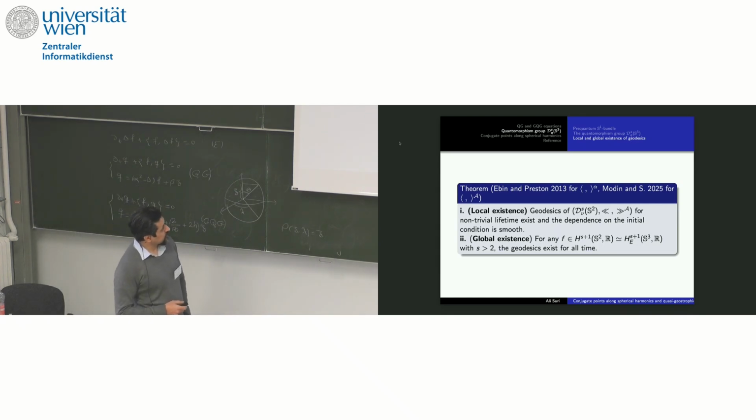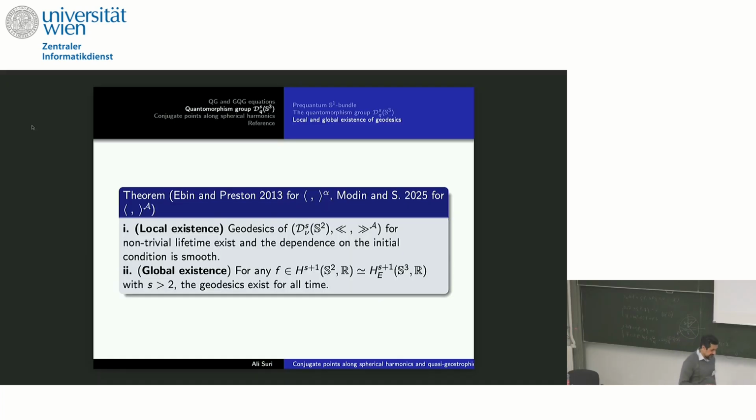If we choose the initial condition to be smooth enough, then the geodesics exist for all time. This was proved for that metric alpha by Ebin and Preston, and then by Modin and me just a couple of months ago. For this new metric, the proof is very much the same.